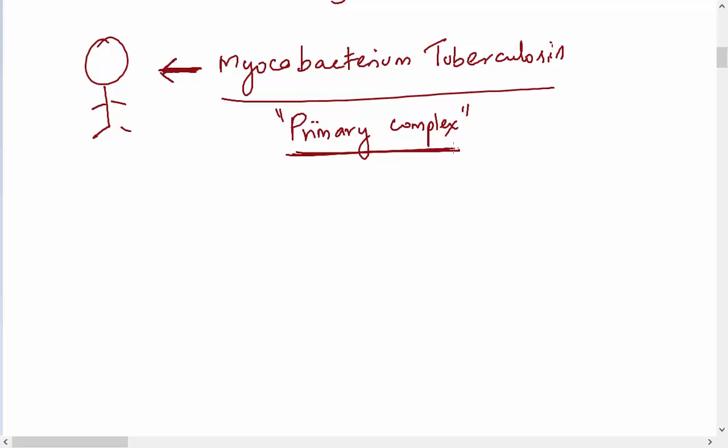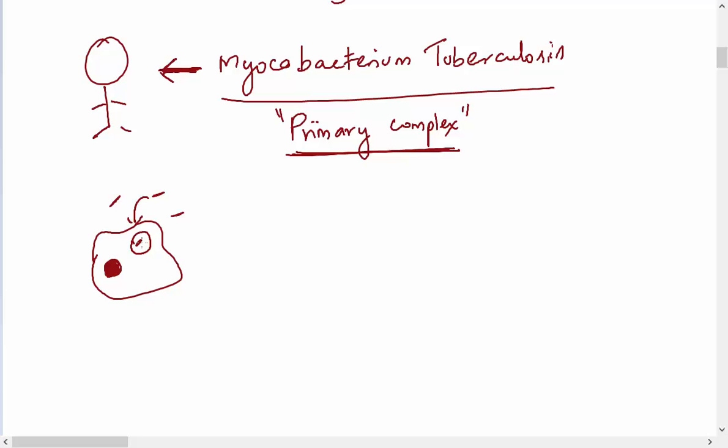Understand? So if the person gets this mycobacterium the first time, what happens is we have the macrophage, and now the mycobacterium is coming. They will try to engulf it and take it.